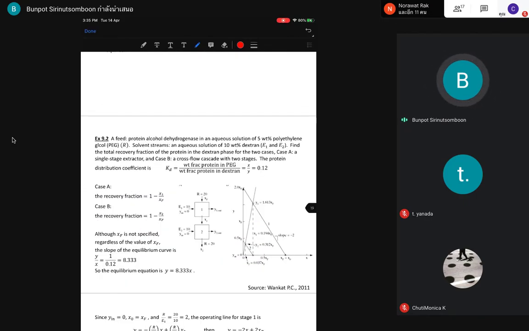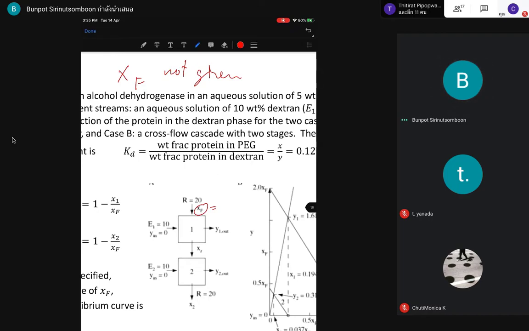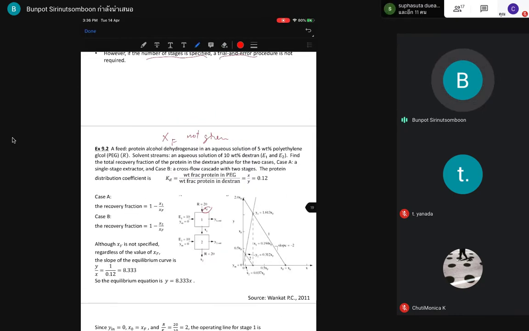So yeah, this example right here is the cross flow. This one is a little confusing because XF is not given. It doesn't tell us XF. But we don't need to know, because the question asks for the recovery fraction.